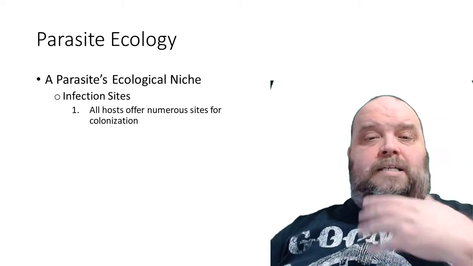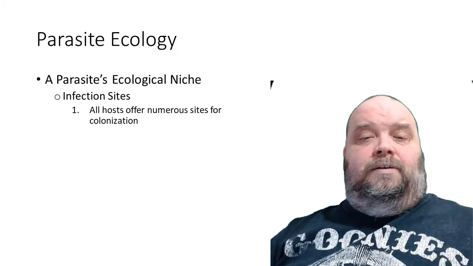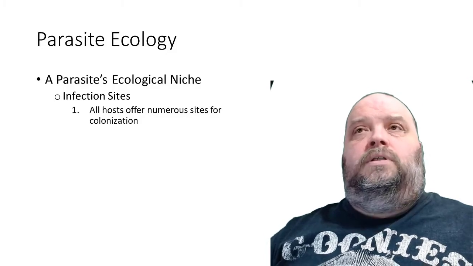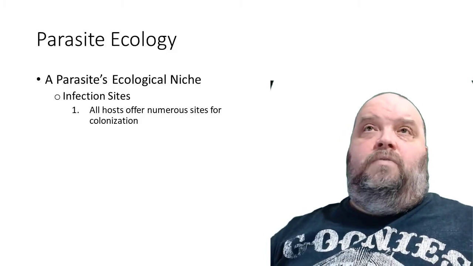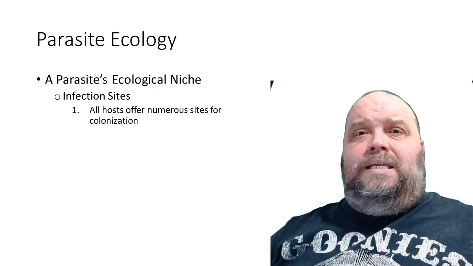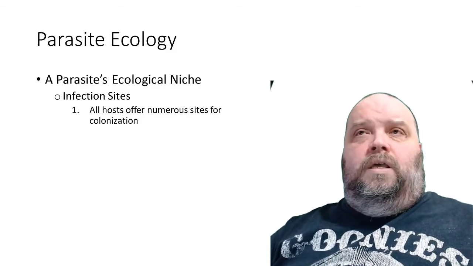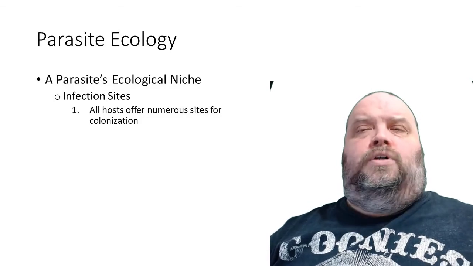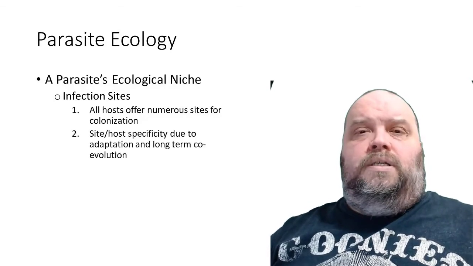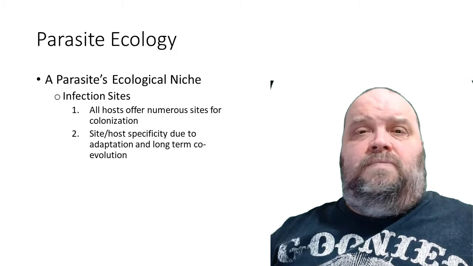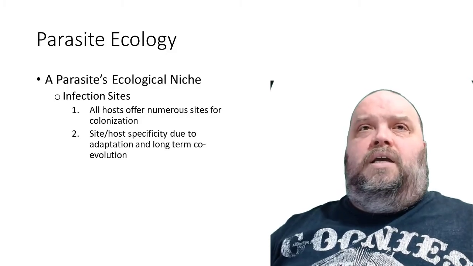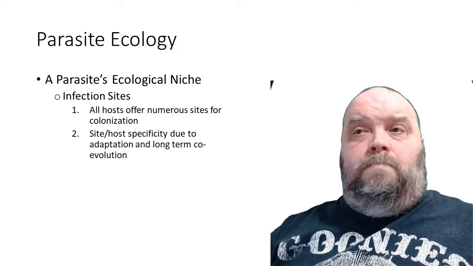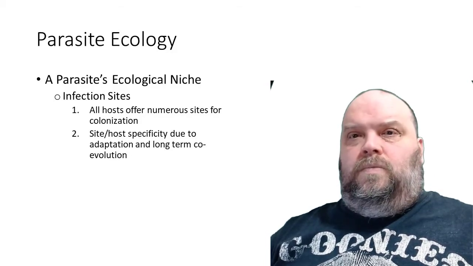So the parasite not only has to get into us, but then it has to adapt long term, and if we think even big time, we also start to think of it as coevolution. At some point in time, hundreds of thousands, if not millions of years ago, a parasite somehow was ingested by one of our mammalian ancestors.